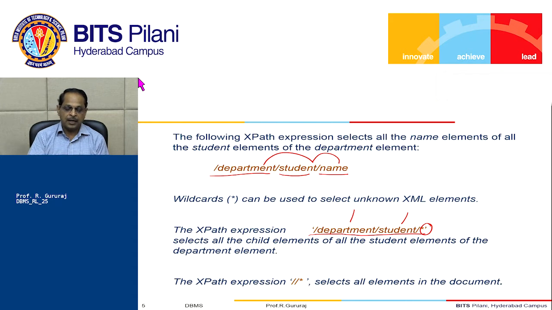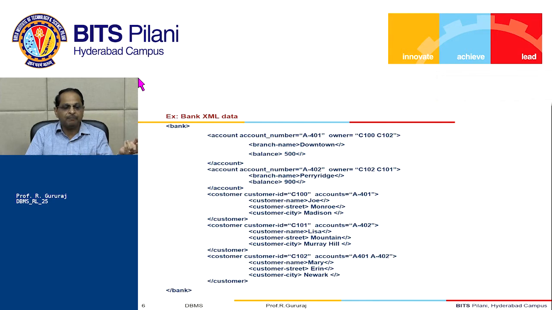That is the meaning. And similarly, if I use /star, this indicates it selects all the elements of the given document which are under the root. So all descendants under the root means what? The entire document is selected for the display.